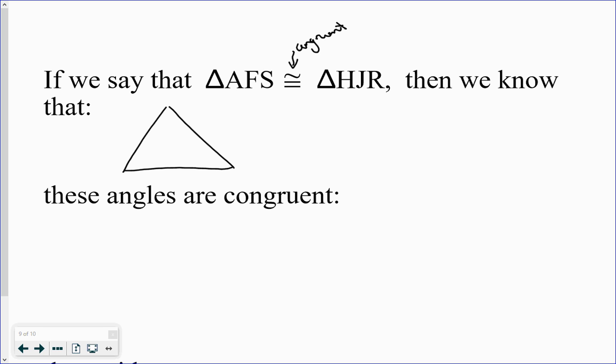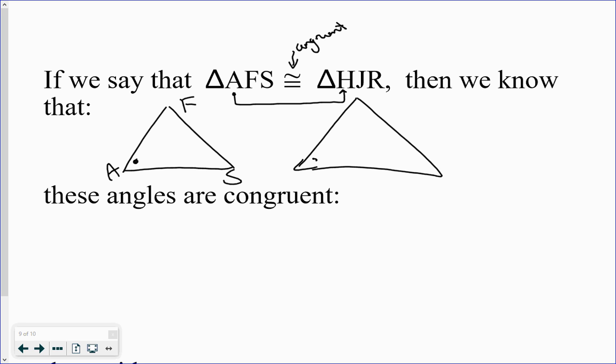So if I have my two triangles, label the first one in any order that you want. But when you're labeling, A is going to be congruent to H. So whatever symbol you use for A, we have to use the same symbol for H. Whatever symbol I use for F, I have to use that same symbol for J. And whatever symbol I use for S, I have to use that same symbol for R. So which are the angles that are congruent?